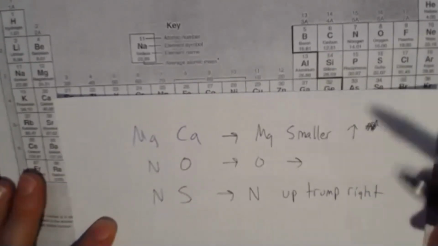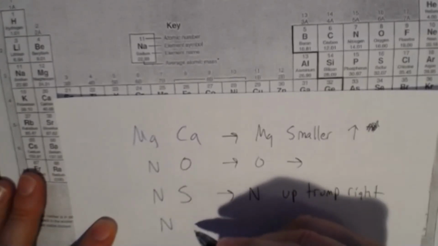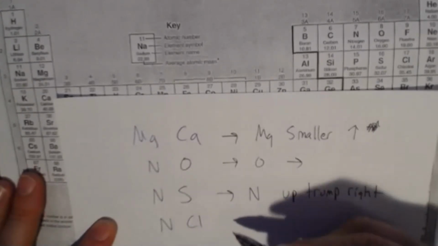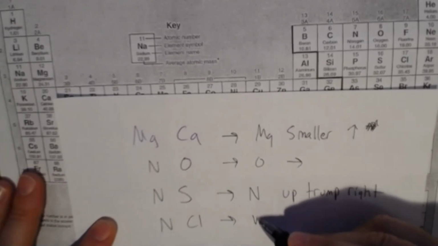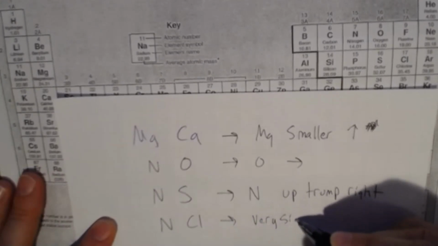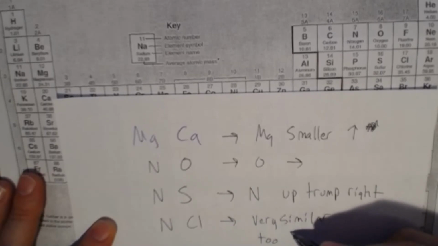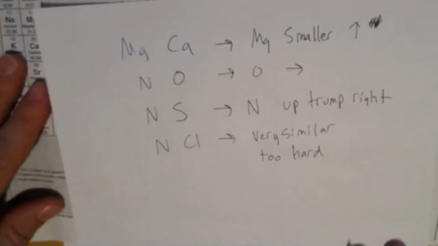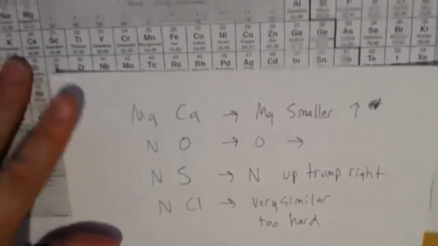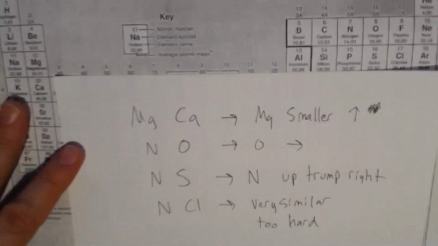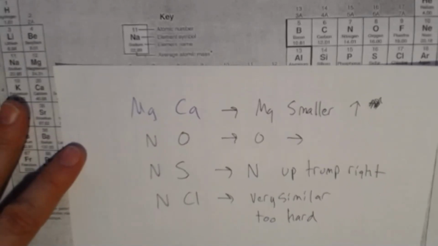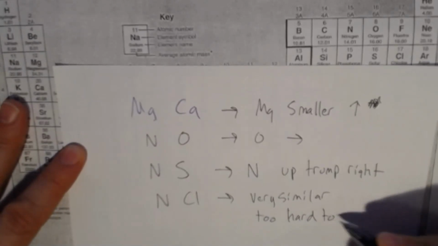If I go two over, if I compare nitrogen and chlorine, then they're probably very similar. Too hard to tell without a chart. So nitrogen, chlorine, similar, too hard to tell.